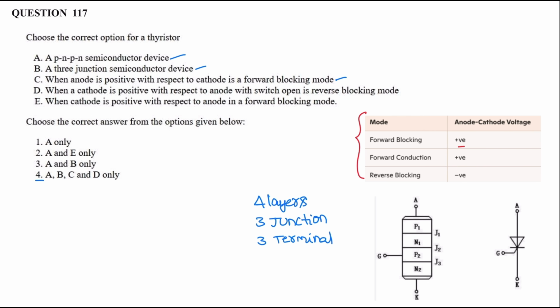See statement E, when cathode is positive with respect to anode, it is in forward blocking mode. Statement E is a contradiction of statement C. It is incorrect. Statement D, when cathode is positive with respect to anode, the switch is open, which is reverse blocking mode. Statement D is correct.